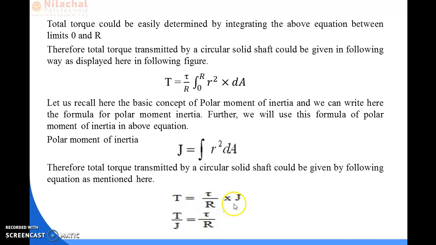By putting this J value here, we can find out half of the torsion equation, that is T by J is equal to tau by R. So this is all about your torsion equation. Then the other half of the torsion equation we have to derive now.